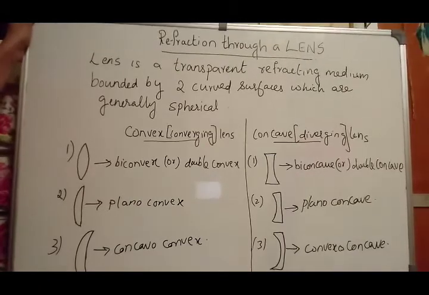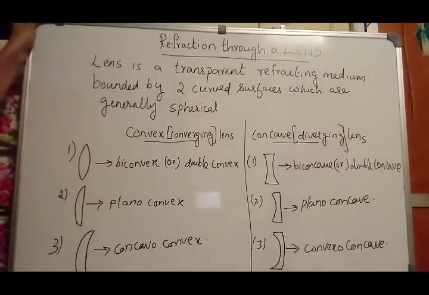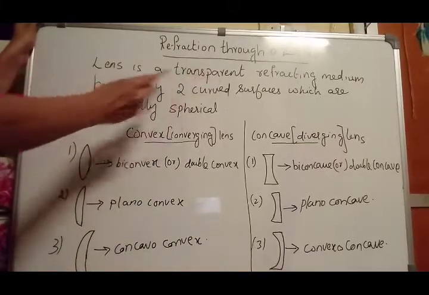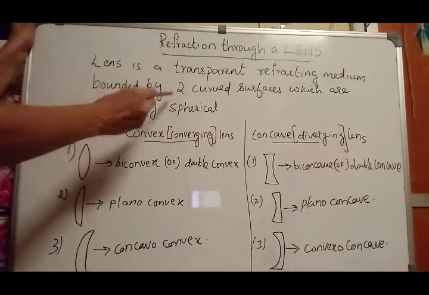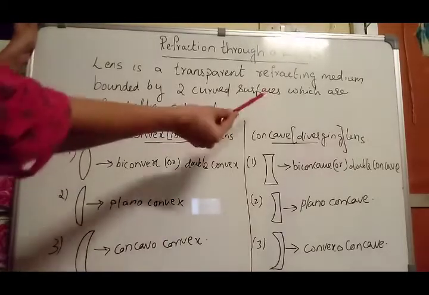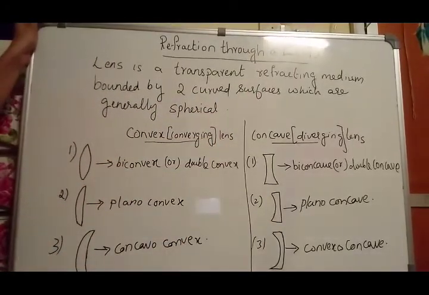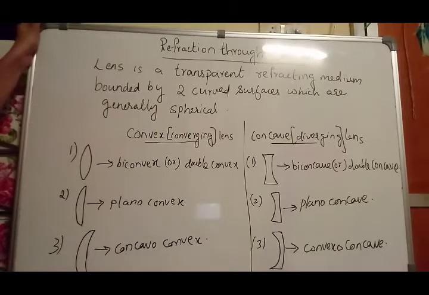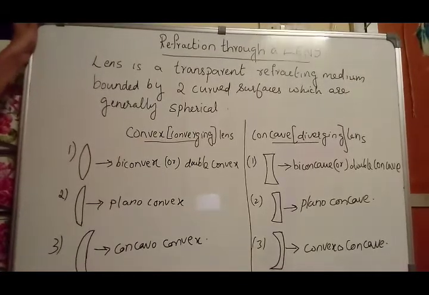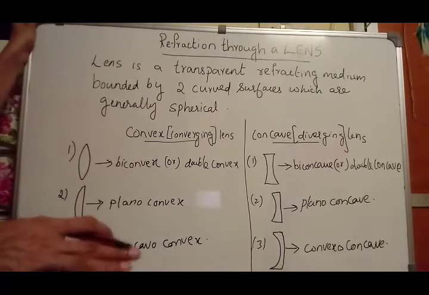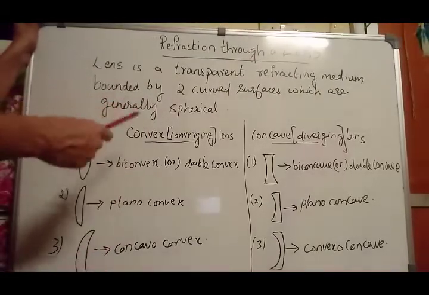So we'll start. A lens is a transparent refracting medium bounded by two curved surfaces which are generally spherical in shape. You have seen a lens. Lens means it is transparent in nature, mainly made of glass, and so it is a refracting medium.